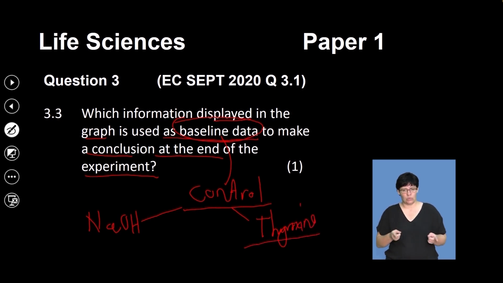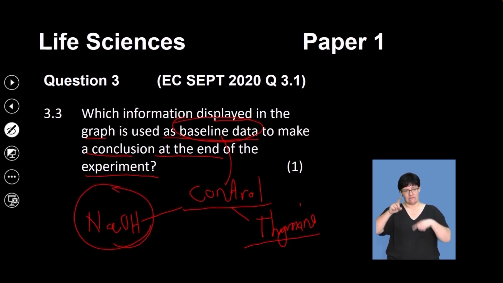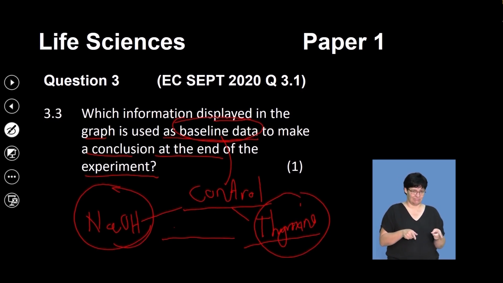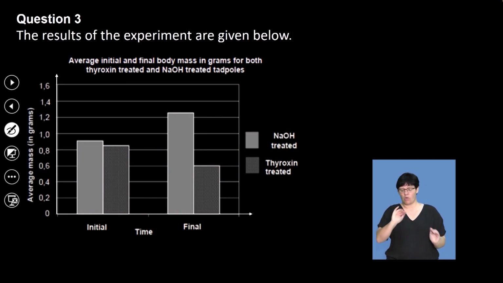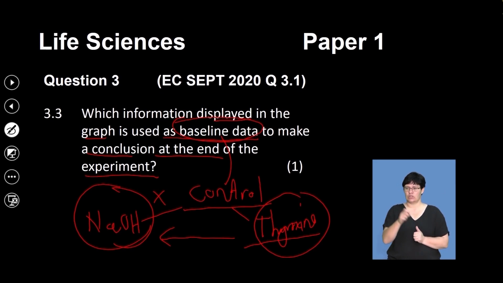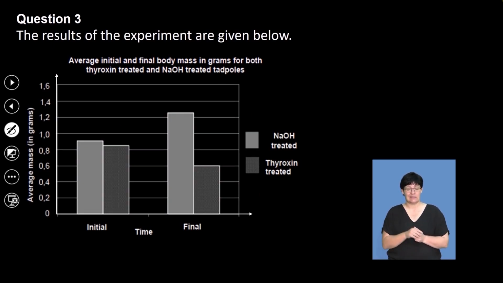We would have to know what the difference is between a group that has got the variable that we're testing, in this case thyroxine, and a group that does not have that variable, to see the comparative differences between the two. Okay, so if we were to go back to the question just very quickly, we were to determine what the control was, and in this experiment, if you looked at the group, this would have been the control group because you had them subjected to sodium hydroxide, NaOH, and we compared that to a group that was being treated with thyroxine.